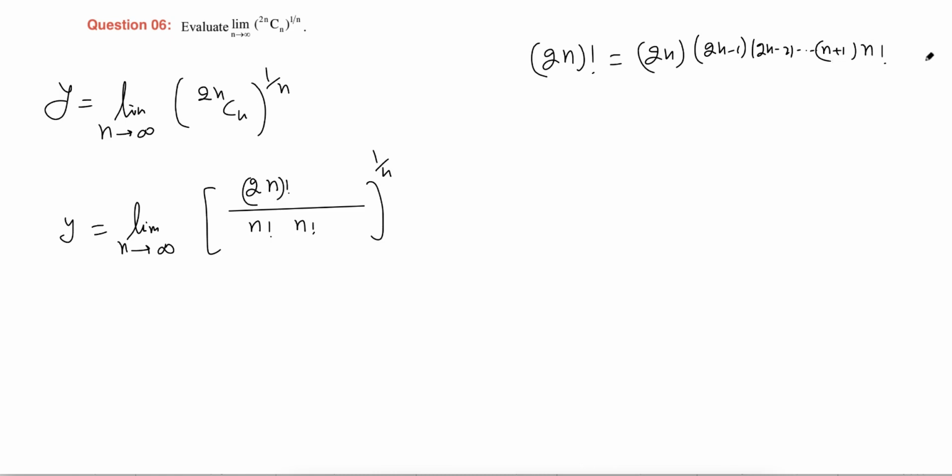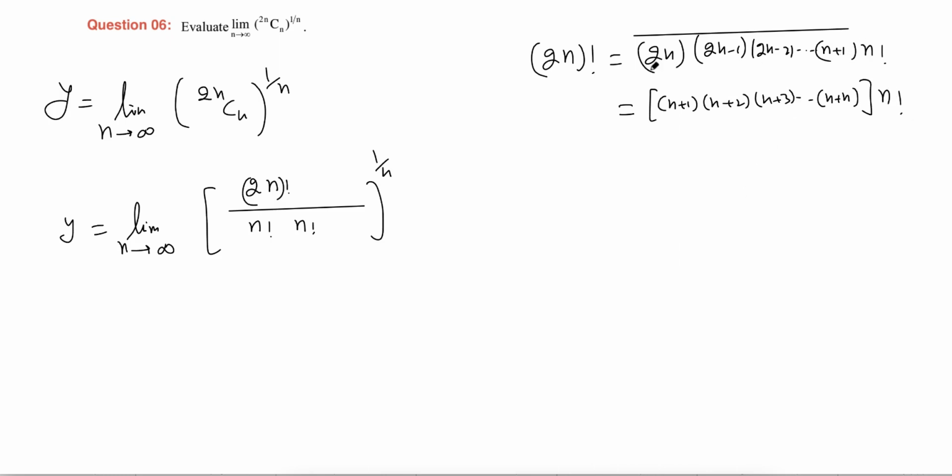So here I can write till n factorial. Please look at this particular statement, I am going to write it in a different style. I can write this one as n plus 1 into n plus 2 into n plus 3 and so on till n plus n. All of you agree with me?